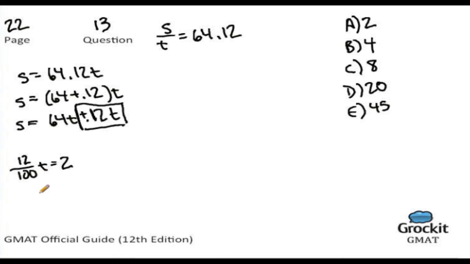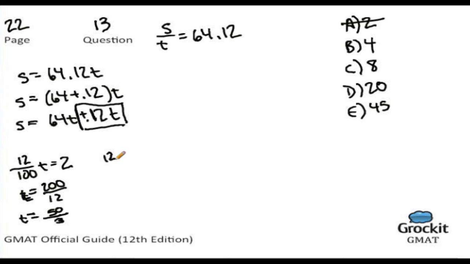So that would end up being t equals 200 divided by 12, which reduces to 50 divided by 3. That's not going to be an integer, so it's not going to be choice A.